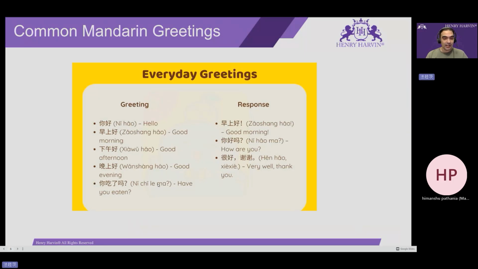And then we have 你吃了吗? Have you eaten? And the response is 早上好, good morning again, and 你好吗? How are you? And 很好,谢谢, very good, thank you.